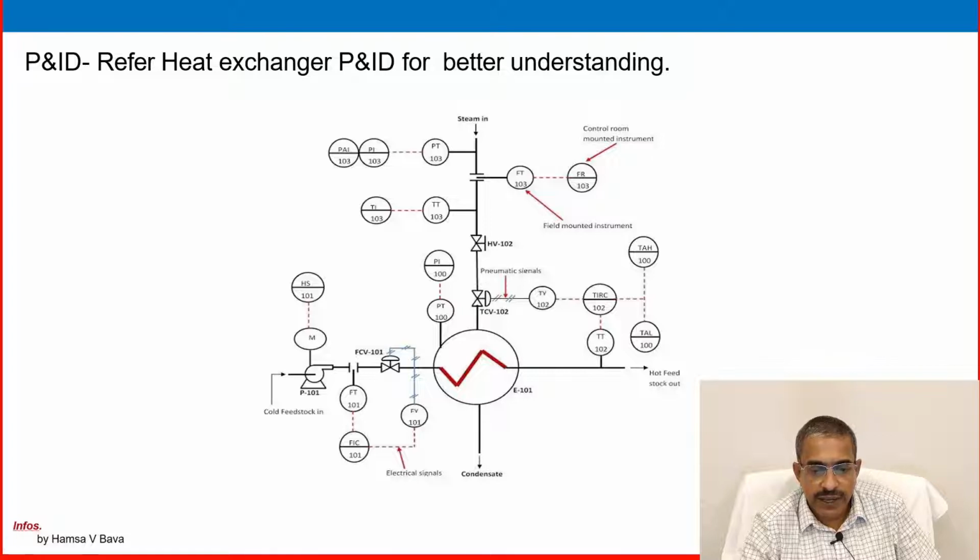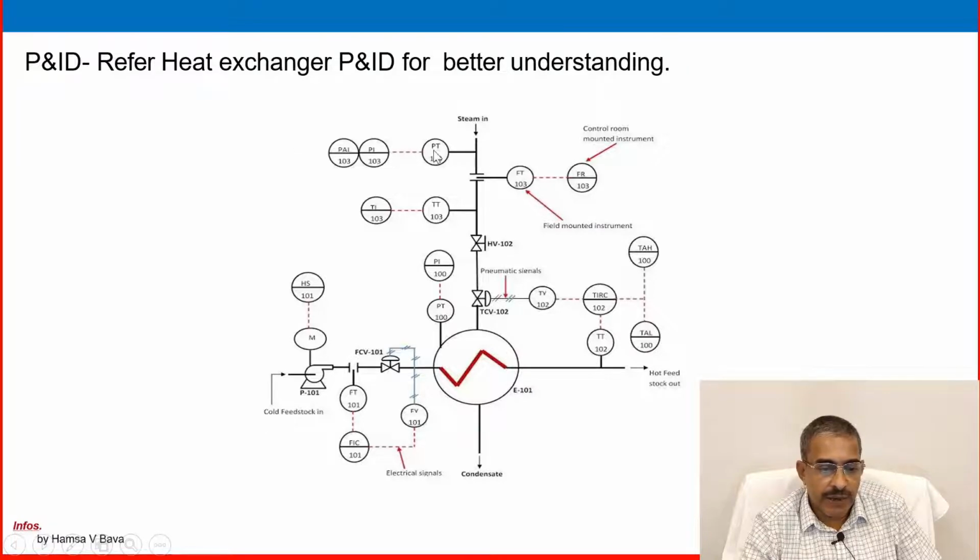In that controller, see another information available: temperature alarm low, TAL, plus temperature alarm high, which I will come to in my next slide. So this information is also connected to this P&ID. Then the output is going to the TV, this is a TCV, with a pneumatic signal.